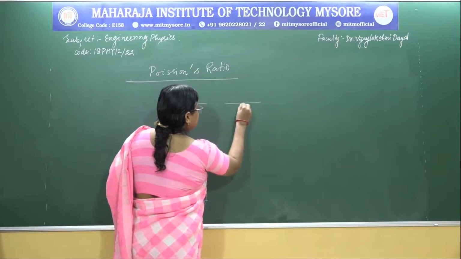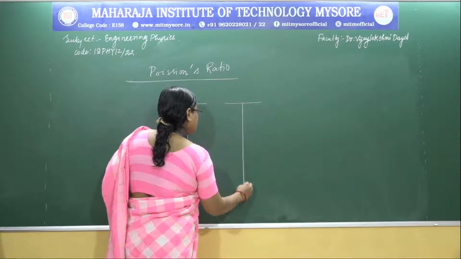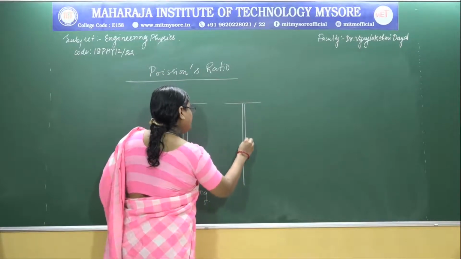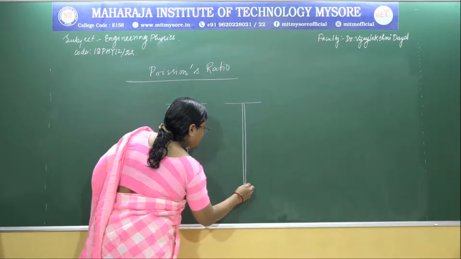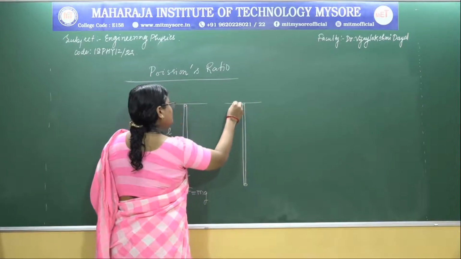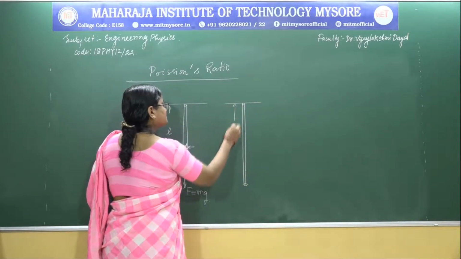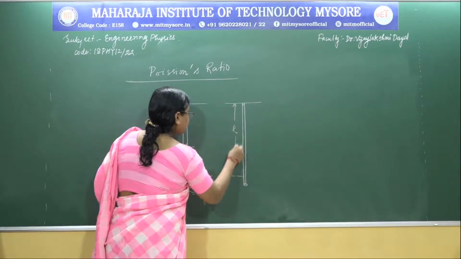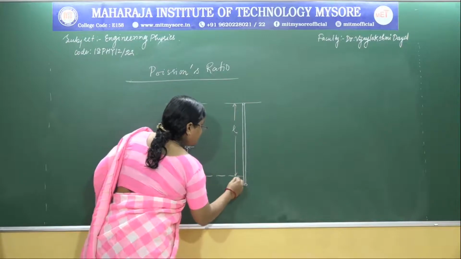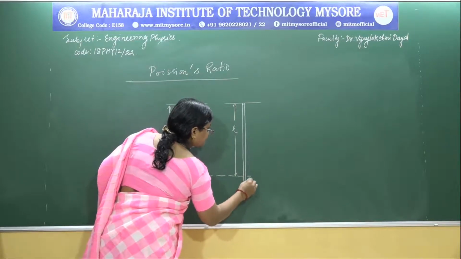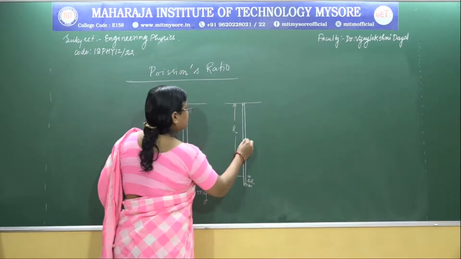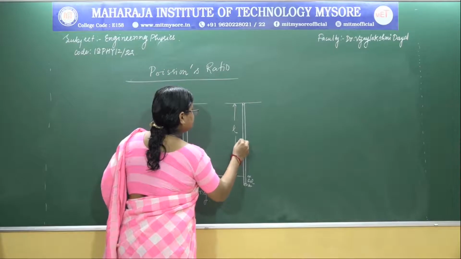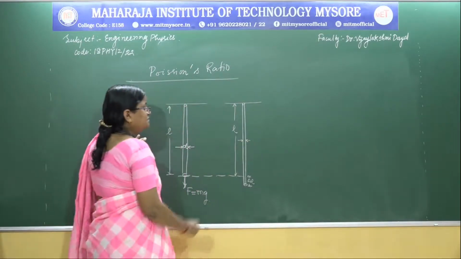So we can consider that the diameter of the wire will be reduced and the length of the wire will increase.